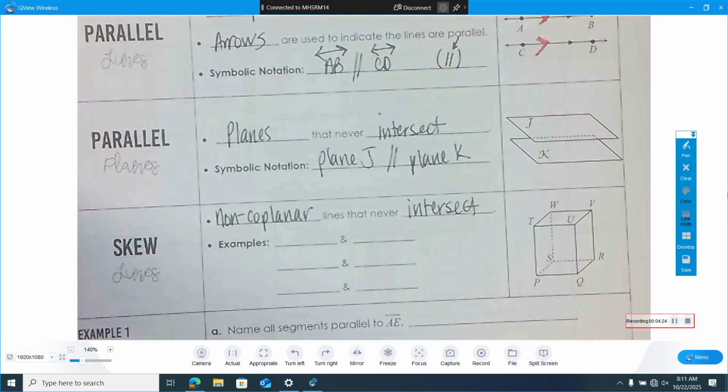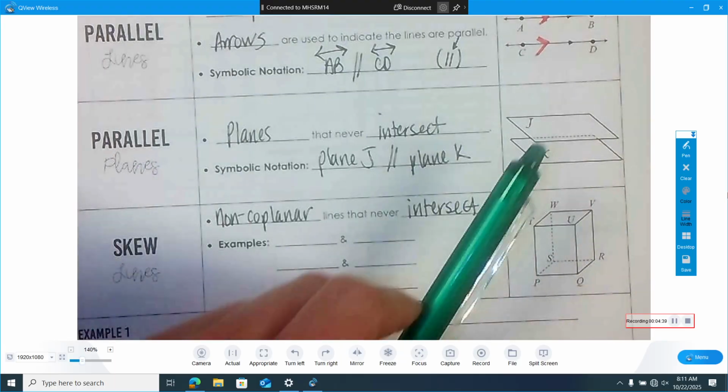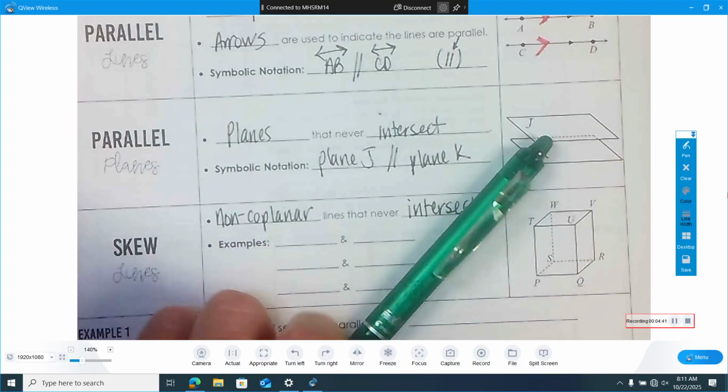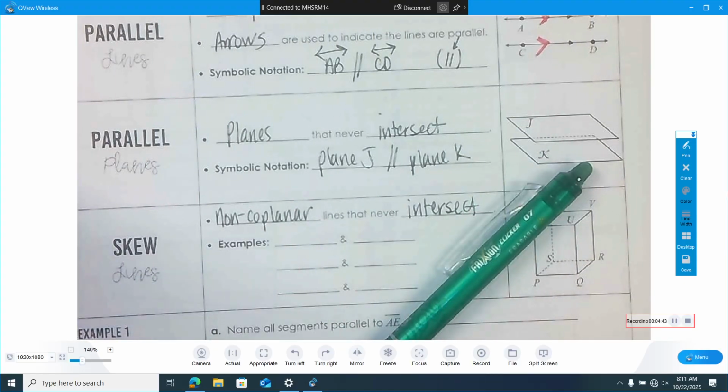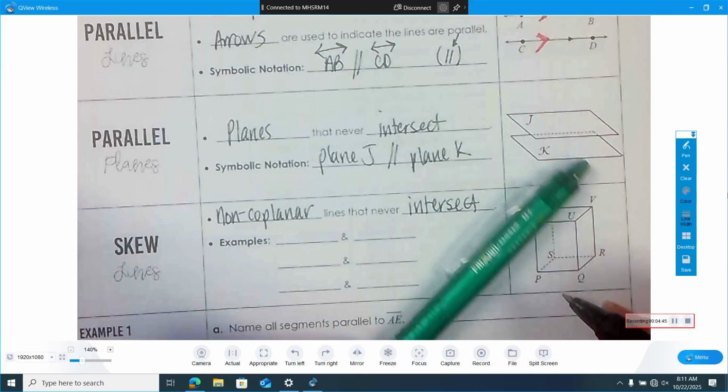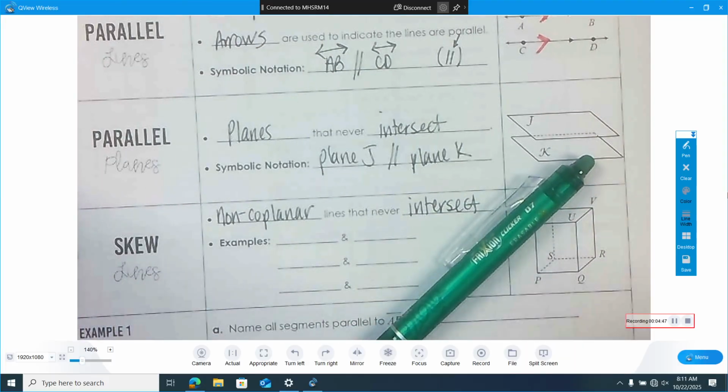So I think the easiest way to figure out skew lines is to say, hey, here's a picture of a rectangular prism. I'm looking at, let's say, line TW. So TW is this little edge here. I'm going to pretend that that little edge goes on forever.